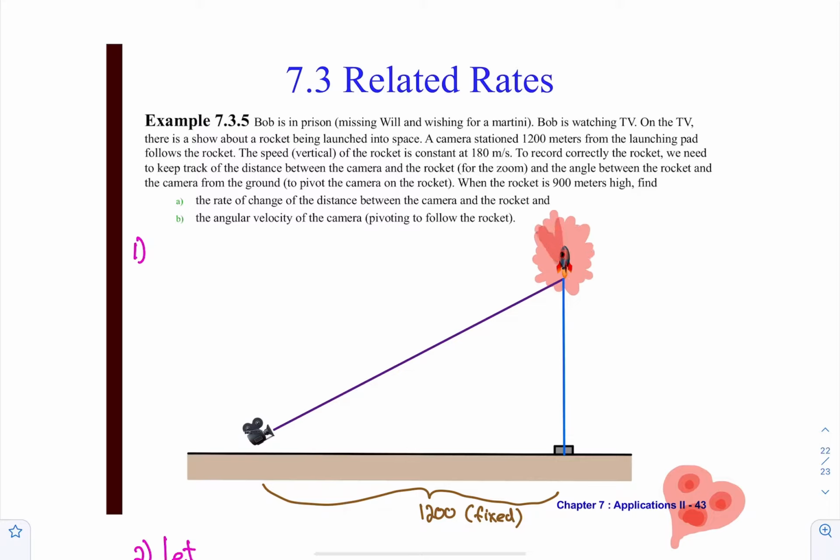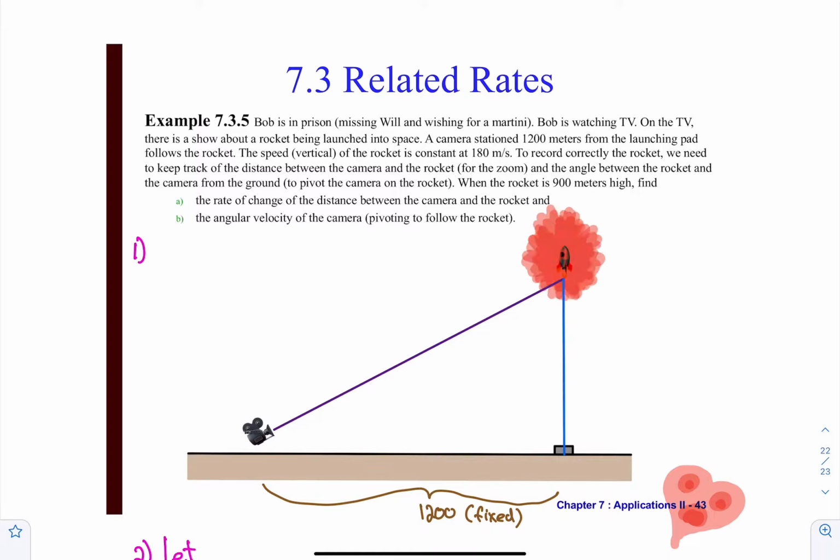And to witness this marvelous progress of science, there's a camera that is 1,200 meters away from the launching pad to follow that rocket. So, of course, the camera must be looking at the rocket at all times. The vertical speed of the rocket stays constant at 180 meters per second.